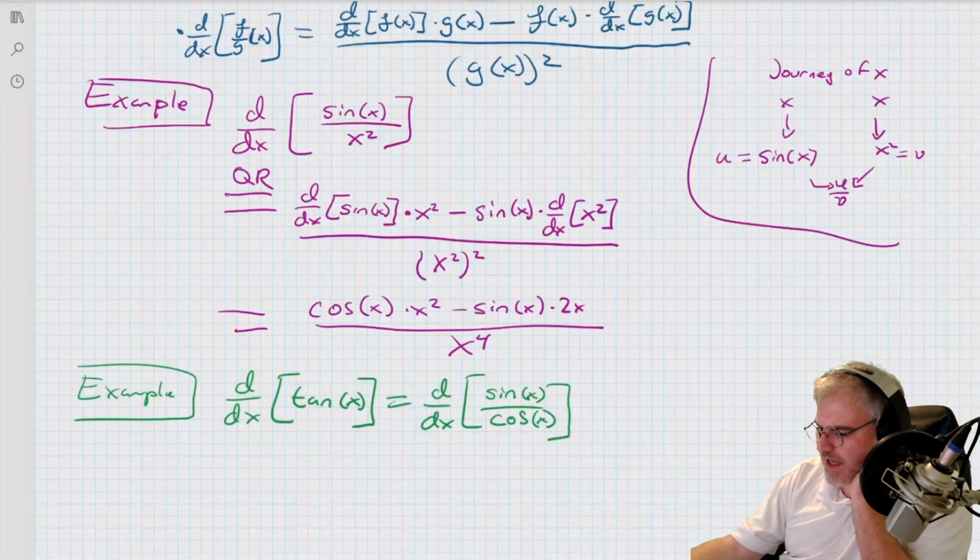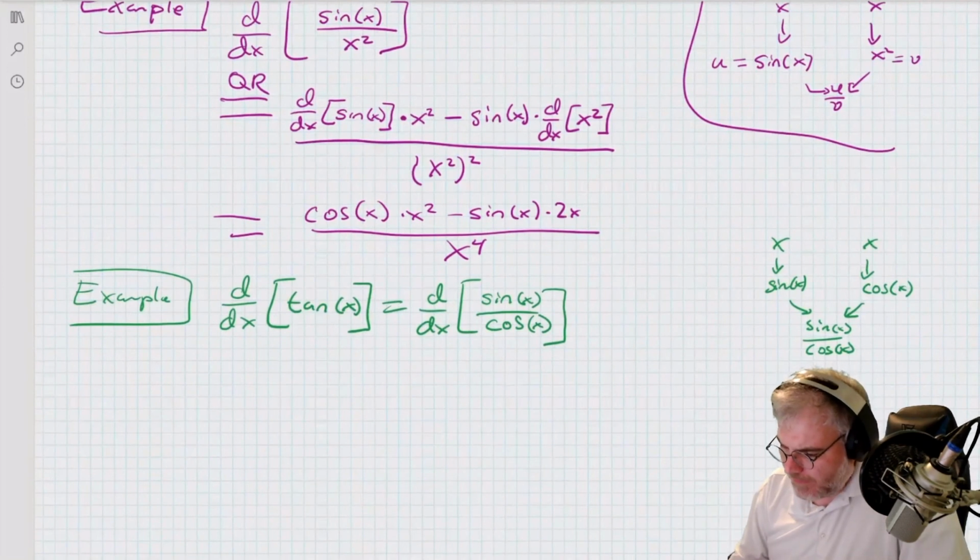So on our journey of x here, we've got x, sine of x, cosine of x, and then they get quotiented together. The last thing to happen is this quotient. So that's the first thing we're going to evaluate.